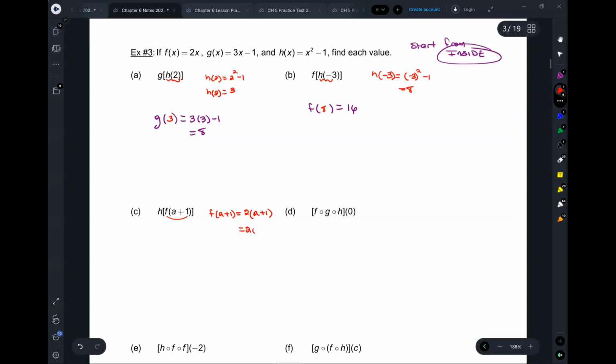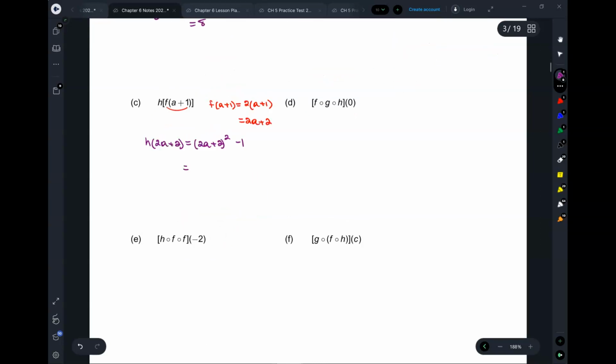So that gives me 2a plus 2. Yep. So now I'm going to go on the outer part and do h of 2a plus 2. So I get 2a plus 2 squared minus 1.